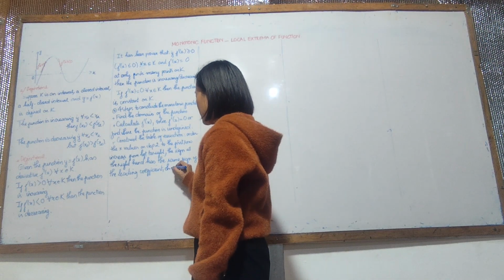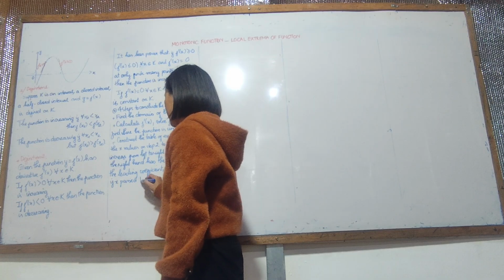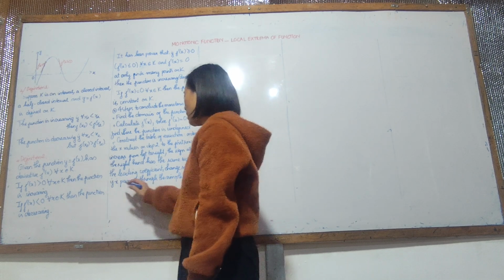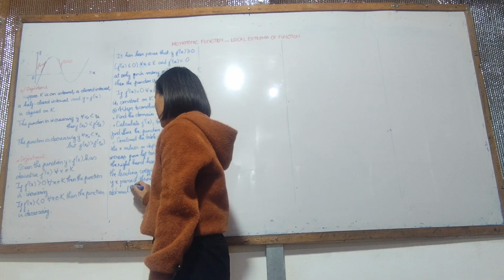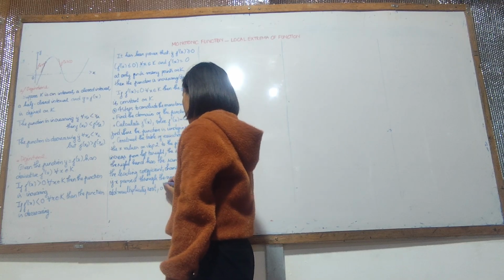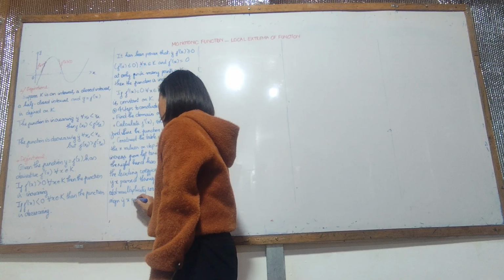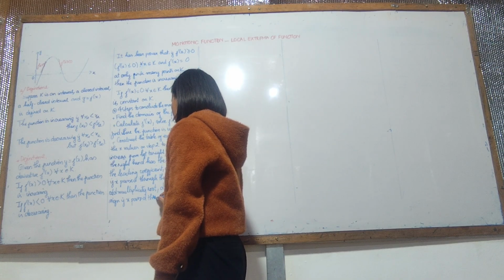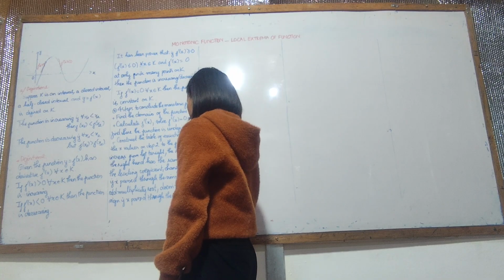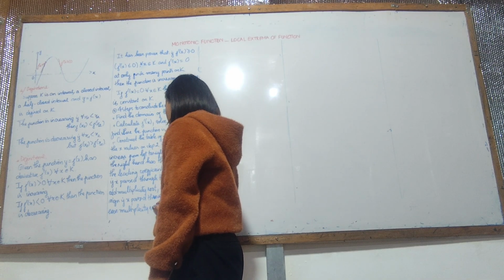After that, we will change sign if x passes through a simple root or an odd multiplicity root, and we don't change sign if x passes through a double root or an even multiplicity root.